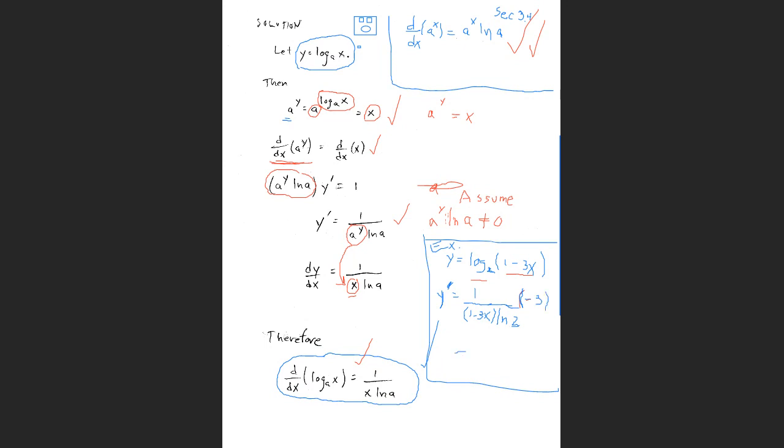And so you will get here -3 divided by 1 minus 3x quantity times the log of 2.